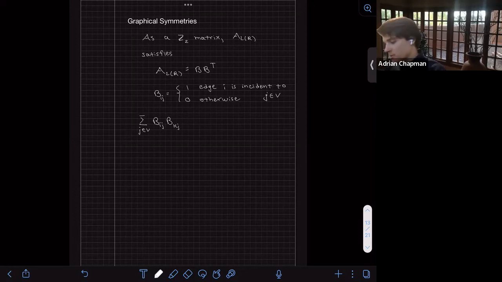So if those edges are incident at a vertex, this is 1, and otherwise it's 0, which is to say that this contraction is the matrix element IK of the line graph. And so why is that useful? Well, products of Hamiltonian terms can be thought of as Z2 vectors.